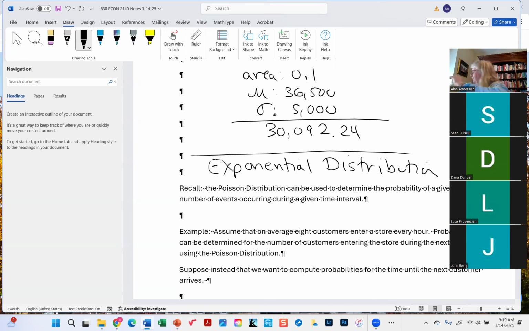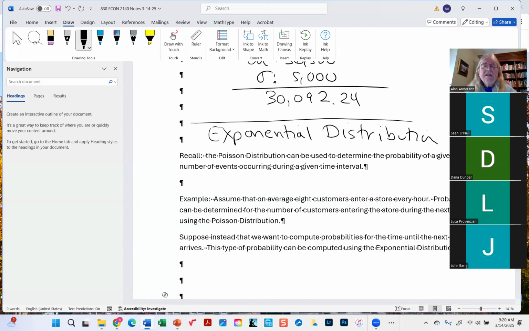So for that, this type of probability can be answered or computed using the exponential distribution. Now, here's a bit of sad news for you.